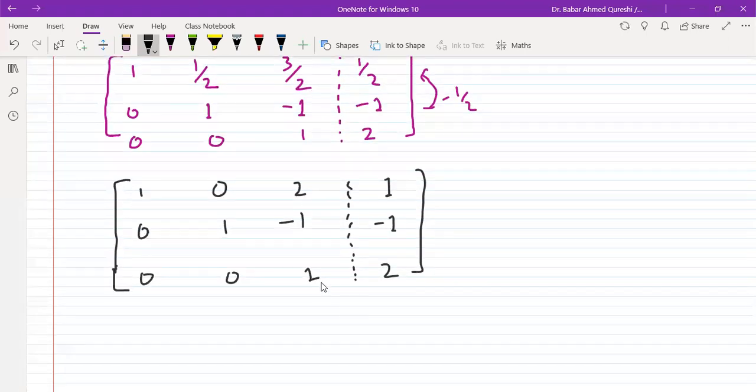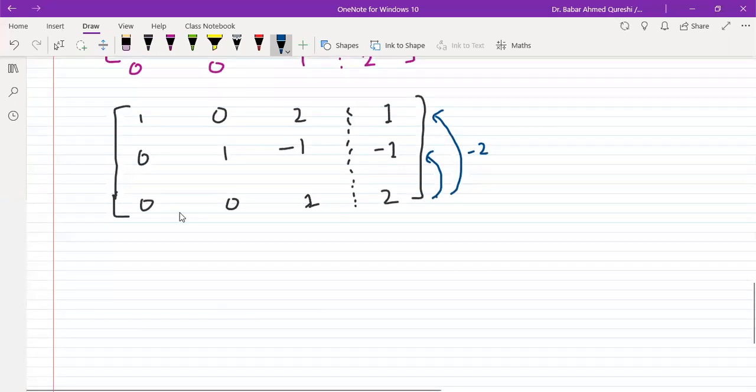Now I take this guy. This is also in its row, the first non-zero element. So I need to make things above it 0. So I just add this row above. That will make this entry in its column 0, but I need to make this entry 0 as well. So next I take this row, multiply by -2 and add to the first row.